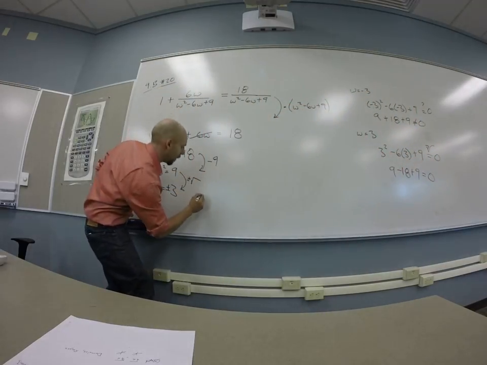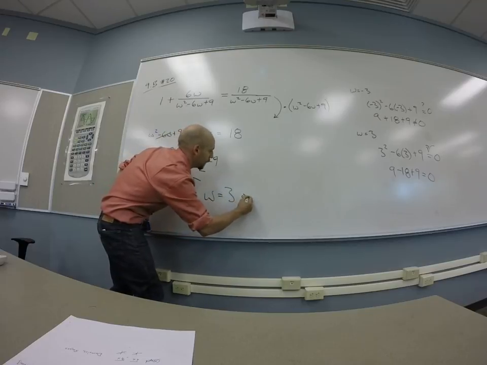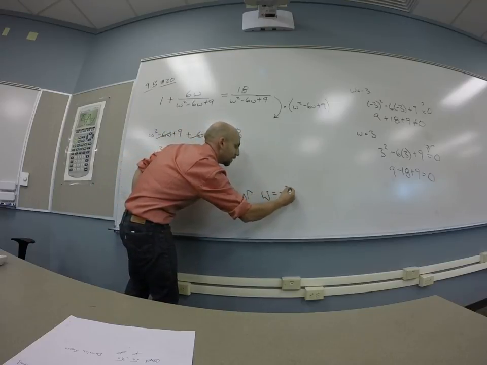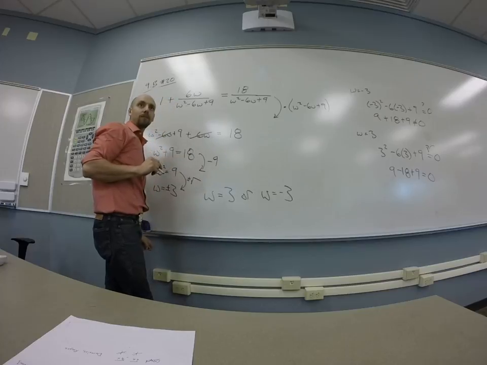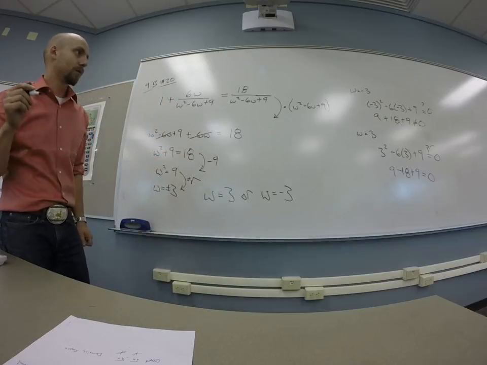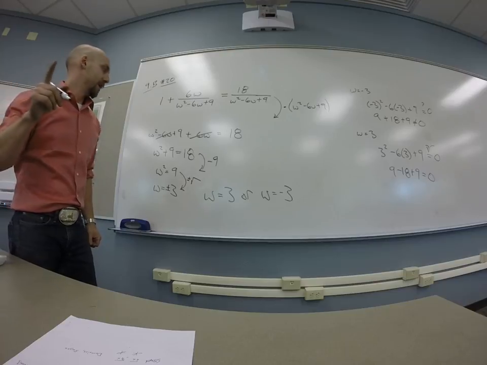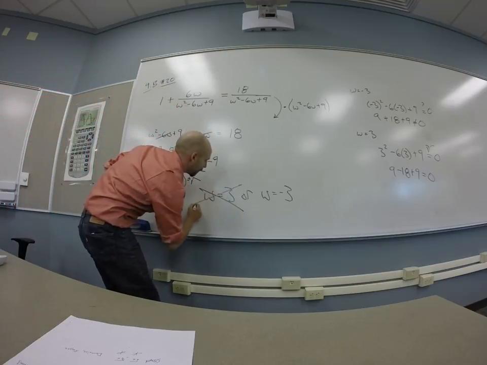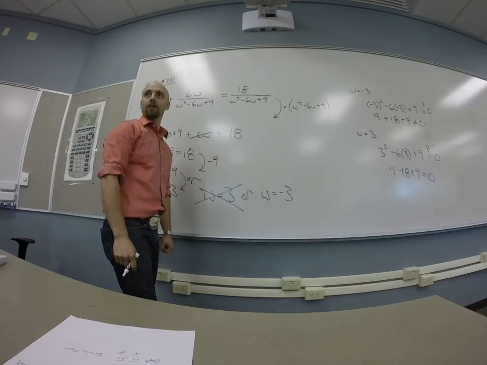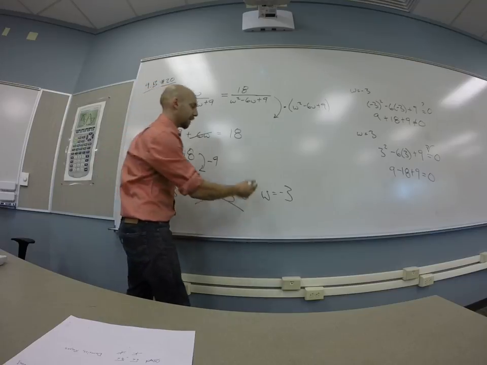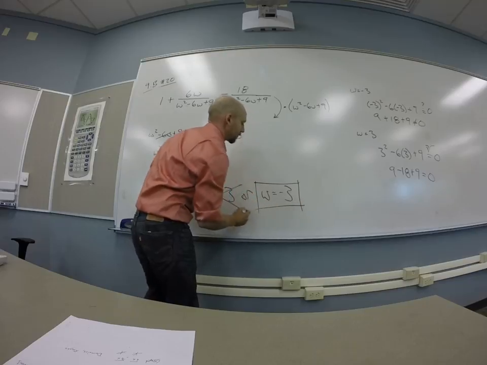Back over here, I should have said w is 3 or w is minus 3. But one of these was good and the other one wasn't. Which one was? 3 wasn't good. 3 gave me an excluded value, right? 3 yields division by 0. So my answer is this guy.